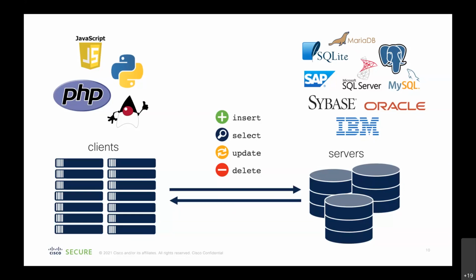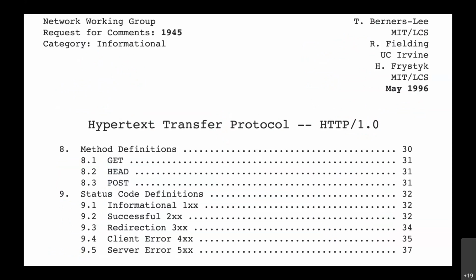So along comes something radically different in the 90s, which is HTTP. In the first incarnation, 1.0, we had a get operation and then a post operation. The get is basically the select equivalent in SQL, and the post operation is to create something.